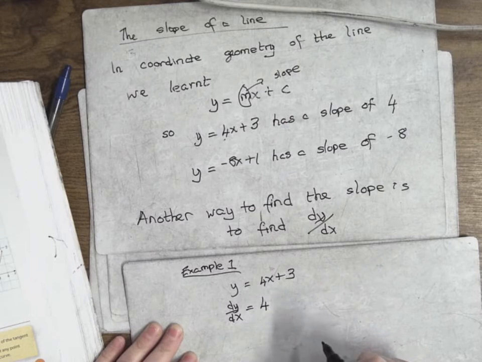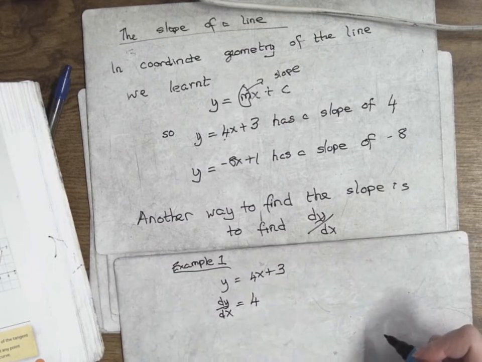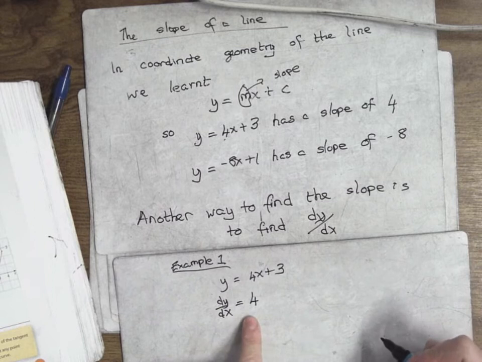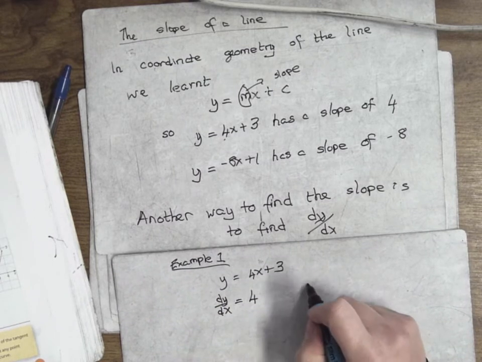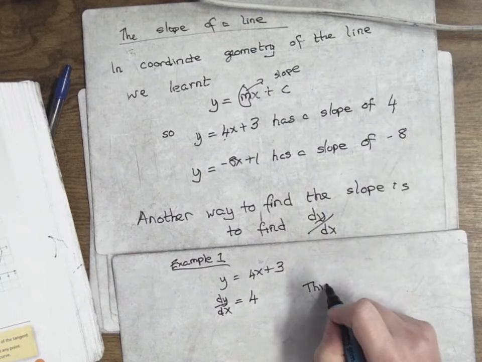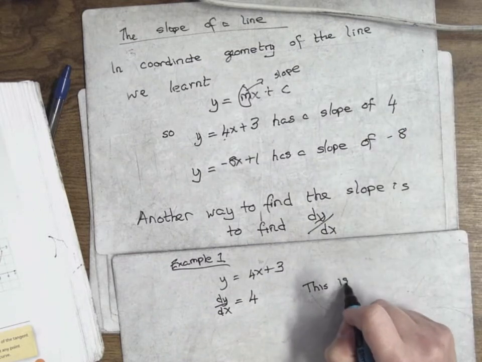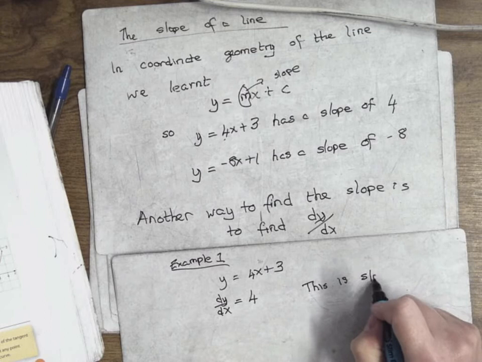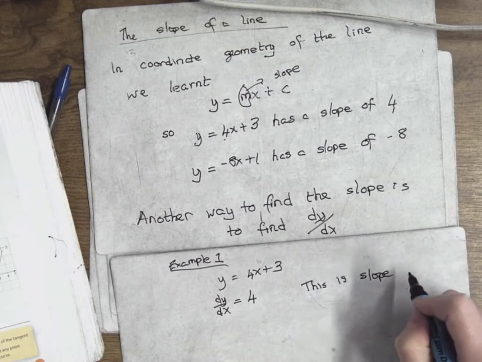And when you differentiate 3, you get 0. So your answer is 4. This is the slope of the line. See, it's the same answer as I got up there. So finding dy/dx is another way of finding the slope of a line.